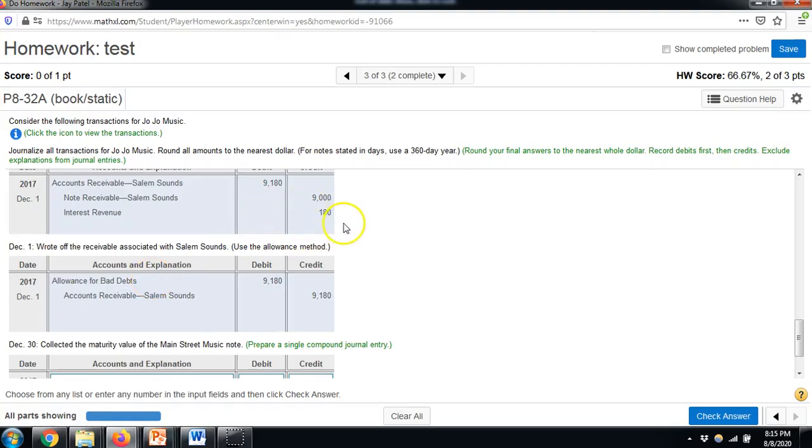So eventually, when you do the adjustment, it will be accounted for in the bad debt expense that you do at the end of the year.